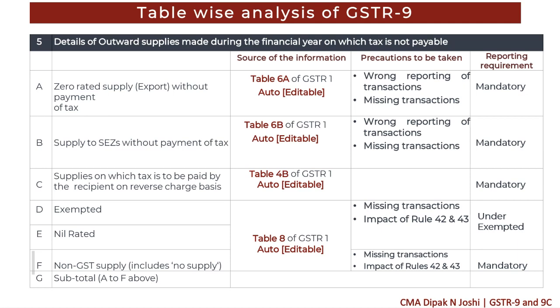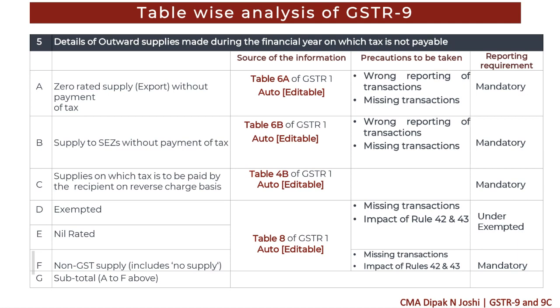Supply to SEZ without payment of tax, again the same. Table 5B provides information on SEZ supplies with payment of tax and SEZ supply without payment of tax. So in this table, again, we are expected to provide information of supply to SEZ without payment of tax.